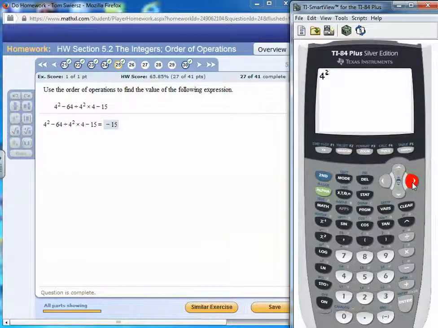Then we get out of the exponent, subtract 64, divided by 4, again squared, so the exponent key and then the 2 for the power. Right arrow to get out of the exponent, multiplication 4, and then subtract 15. And there it is. We get our same correct answer that we did with paper and pencil, negative 15.